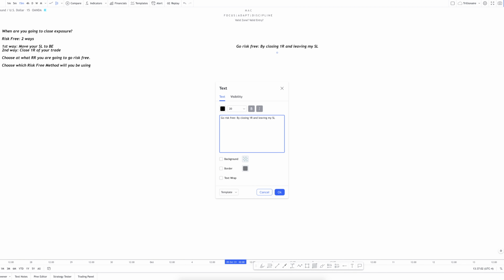If you're trading a retail trading pattern and you are, let's say, scalping the market, or even if you're intraday trading the market with a retail trading pattern, I would suggest you go risk-free by moving your stop loss to break even, right? But if you are trading a style where every entry has a specific reason, every target has a specific reason, and every stop loss has a specific reason, then I would go the route of closing 1R of your trade. And I'm going to tell you guys why.